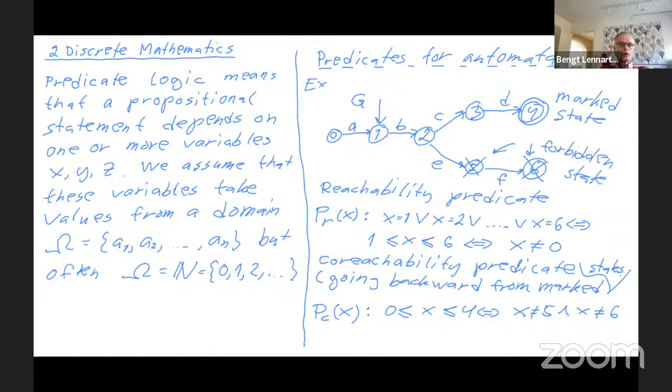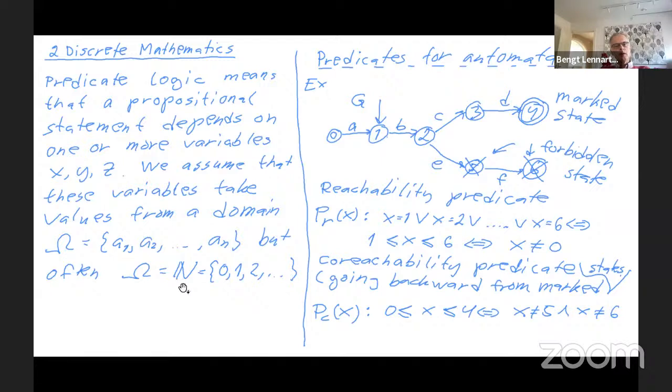So for instance, the domain of these variables could be, for instance, all positive natural numbers. In this case, I assume that 0 is included in the natural numbers. Sometimes it's not. Generally, we say that the domain of your variables, they could be some elements a1 to an, but often we use integers here.